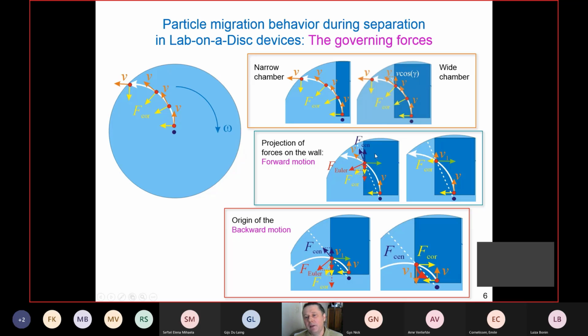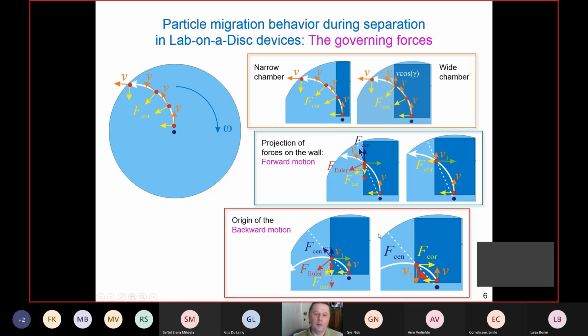Now we have a boundary, and we have all the forces here, so I will not list all of them, but we have the Coriolis force, the Euler force, and the centrifugal force, and if we carefully project all of them on the wall, we get a net velocity. And this net velocity, if far from the center, will be along the centrifugal force, which means the particle will move in the same direction.